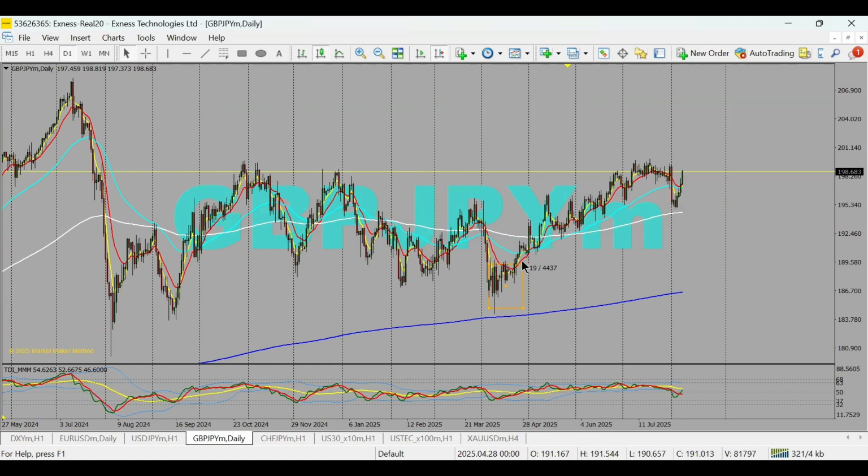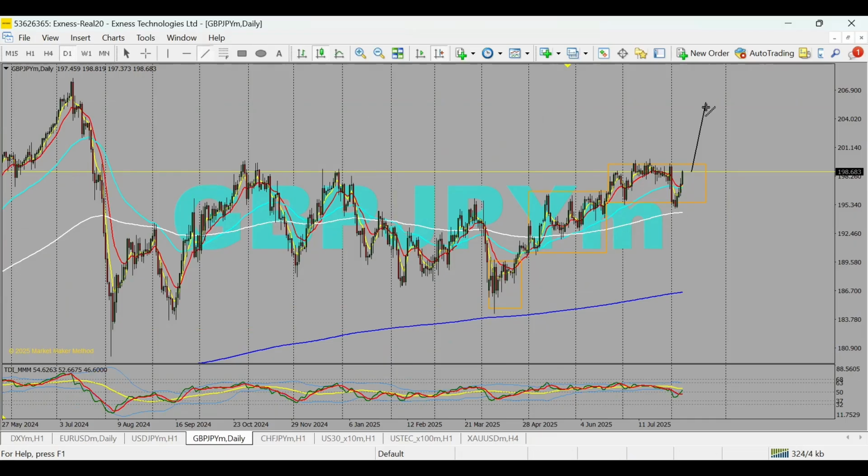The purple is the 800 EMA, the 800 exponential moving average, and price pushed into level 1, and currently we are in level 2. All right, so I am simply expecting price to keep on pushing to the upside.